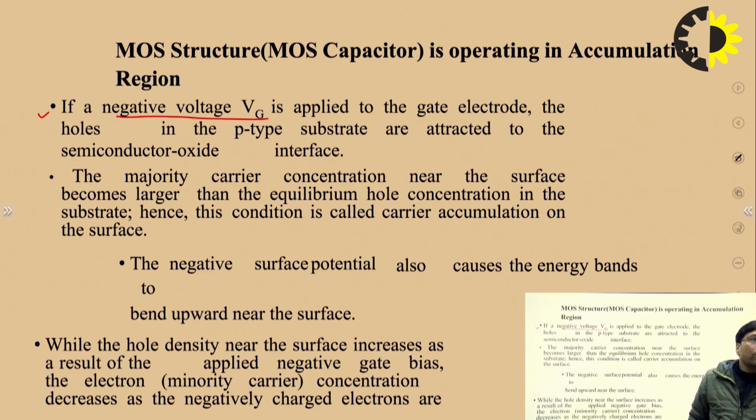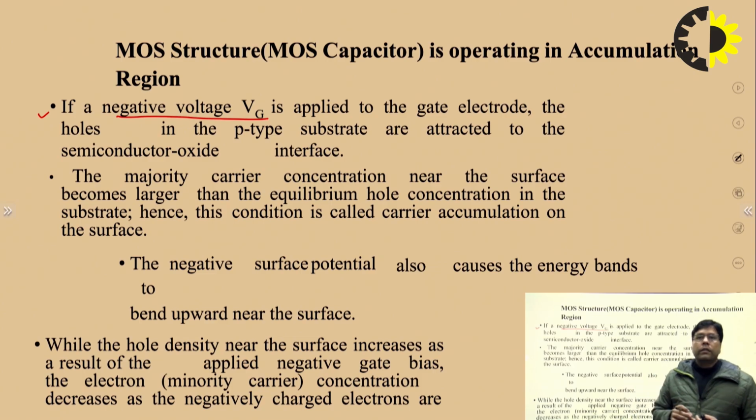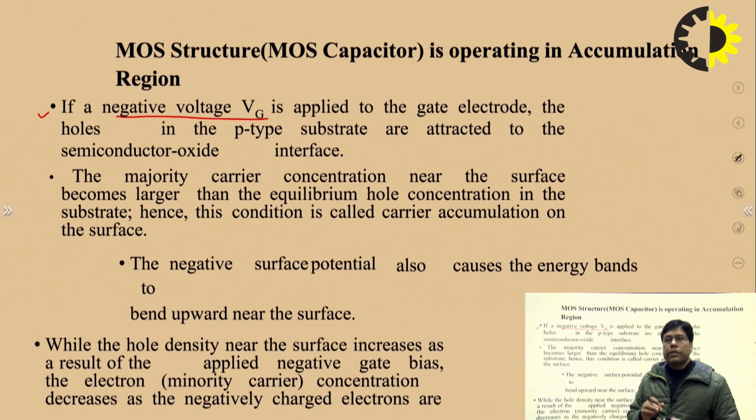The collection of holes, the majority charge carriers for the p-type semiconductor, at the interface is called accumulation of charge carriers, and this process is known as accumulation.